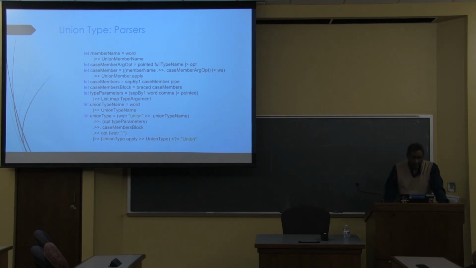So for example, word is a well-known parser that reads the next word from a bit of text. So when you want a member name, you just take the word that's there and make it a member name, and so on and so forth.